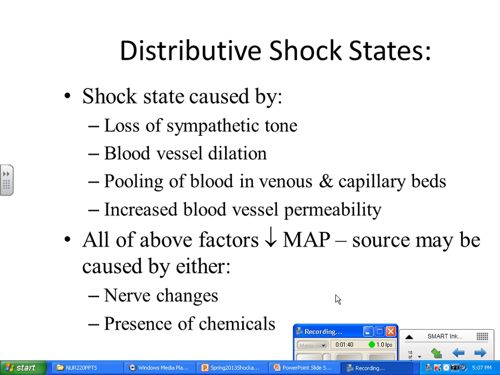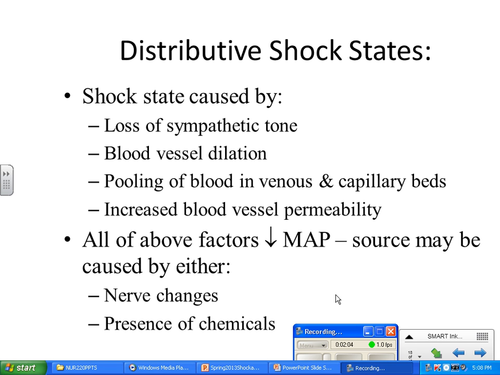And then in certain types of distributive shock, you're also going to have the presence of chemicals, and kind of put that in quotes, certain things that are circulating in the body that are causing shock, because they increase capillary permeability. It's damaging the blood vessels and causing them to leak fluid out into the interstitial space.